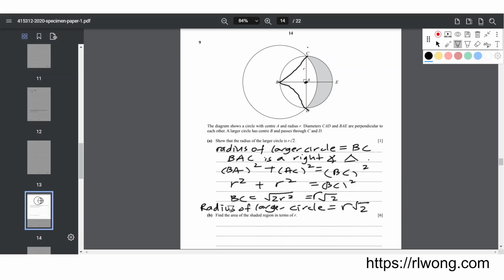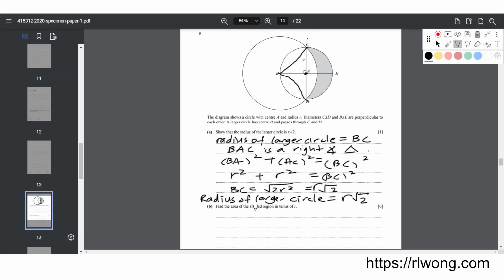Okay, next you're asked to find the area of the shaded region in terms of r. So I need to find this area here. So how would I find it? Okay, there are many ways to do this. So first, I will erase this.